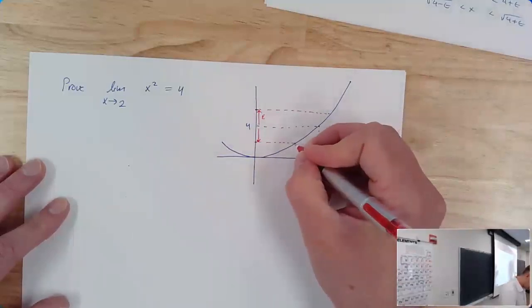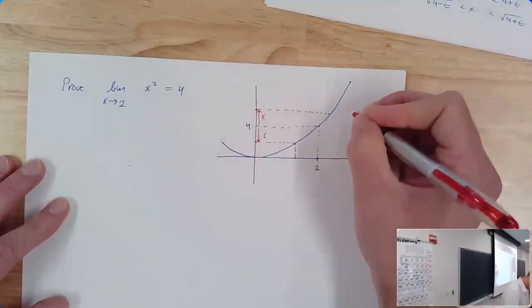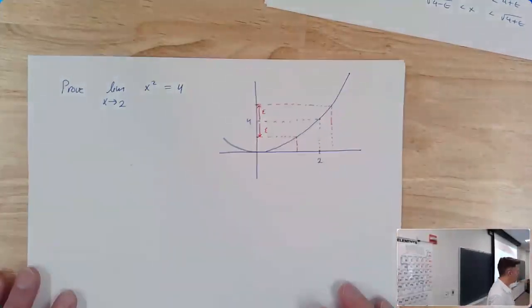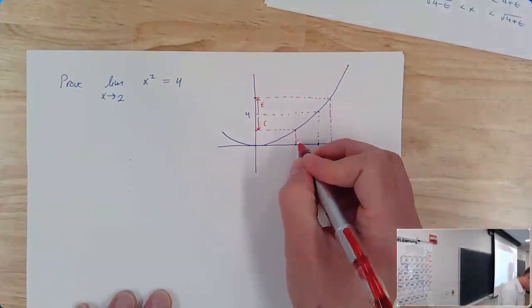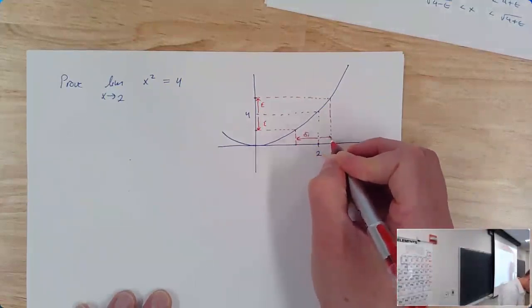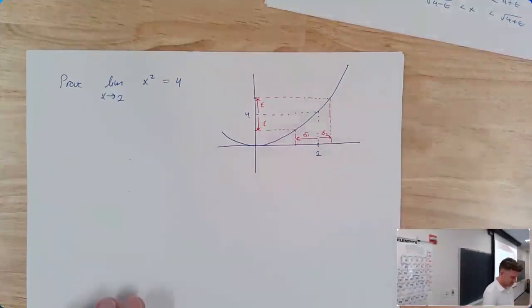If we look at that, the corresponding deltas are not the same, right? This distance to the left here, this delta 1, is much bigger than this distance to the right here, which is delta 2.